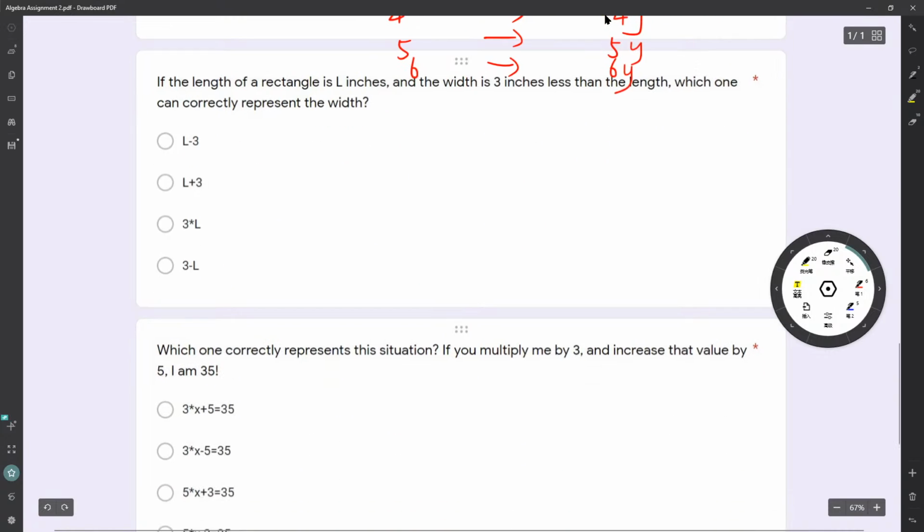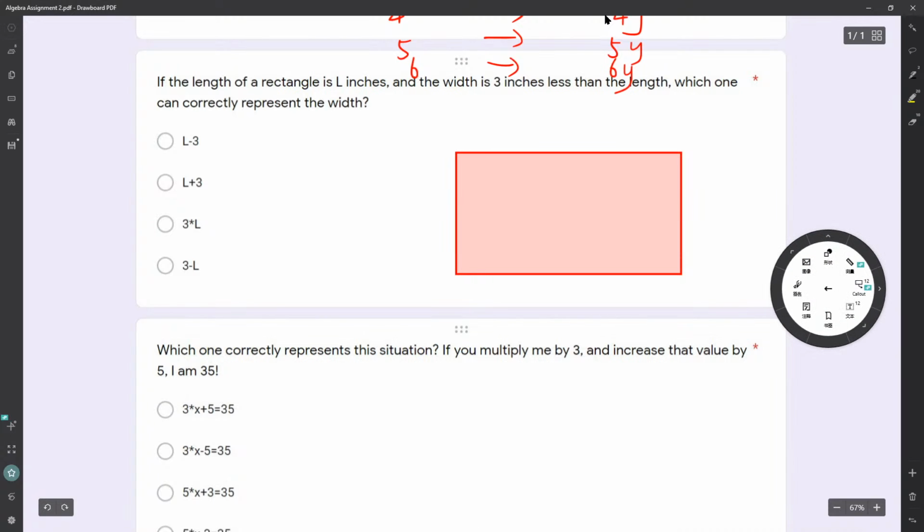If the length of a rectangle is L inches and the width is 3 inches less than the length, which one can correctly represent the width? So we are dealing with a rectangle. Let's draw a rectangle. It's always helpful to draw something to help you.